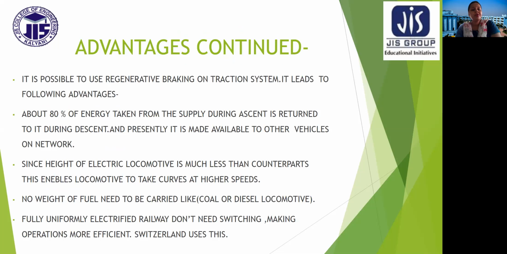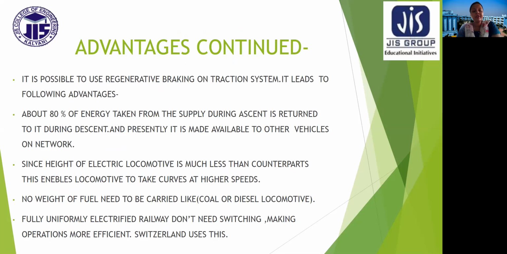It is possible to use regenerative braking on the traction system, which leads to the following advantages. We all know about braking of DC motor, and among them, regenerative braking is used for electric traction. About 80% of the energy taken from the supply during ascent is returned to it during descent, and presently it is made available to other vehicles on the network.